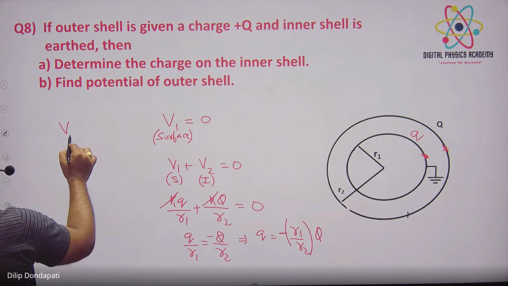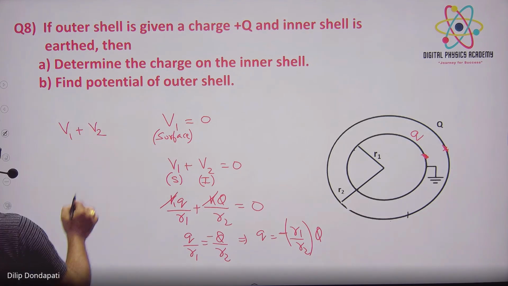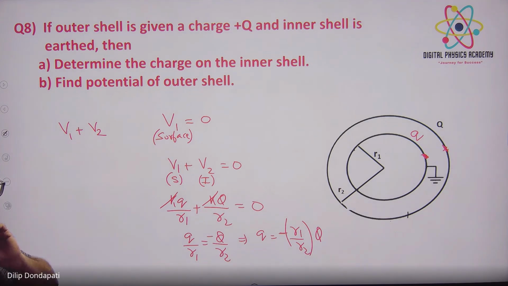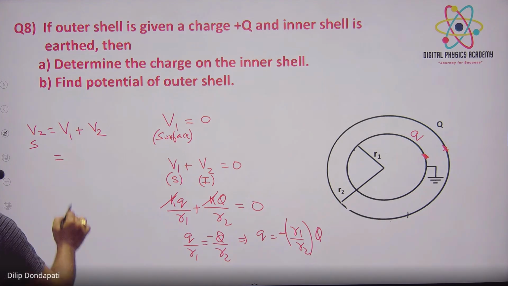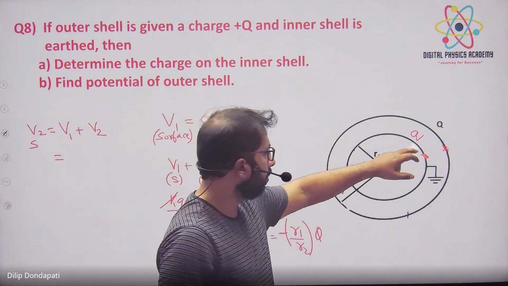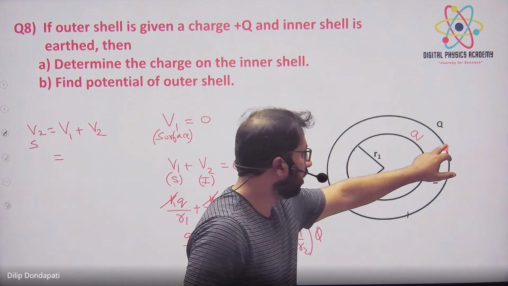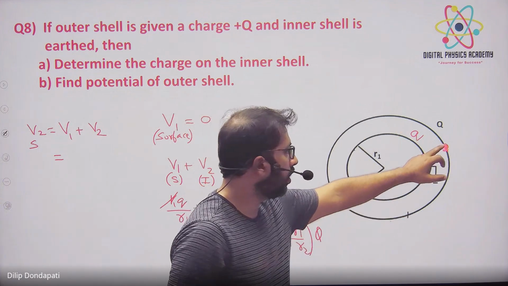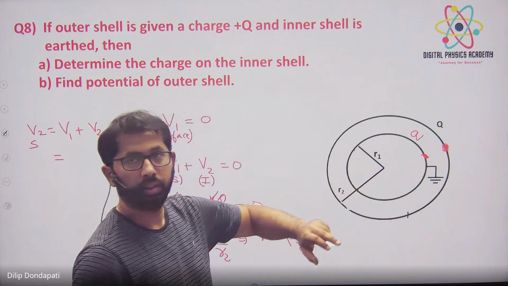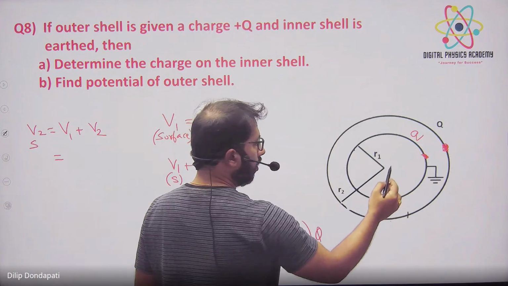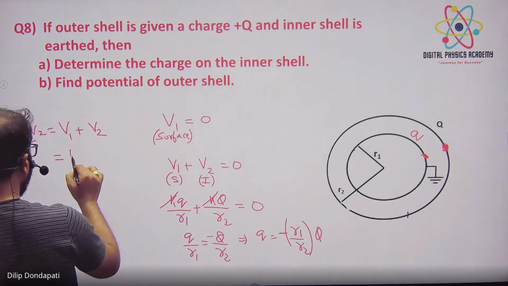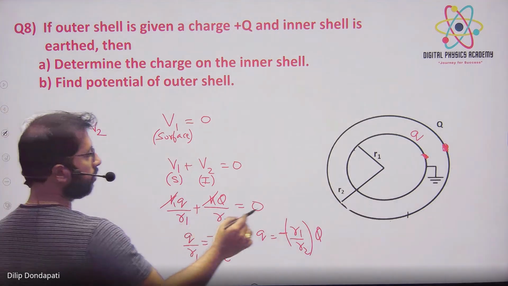So V2 will be दोनों को ऐसे रहेगा ना? V1 plus V2. अब solve करो. Use करो. Outside point और inside point. I want V2 at surface. कितना? Tell me, Ashwin, because इधर चाहिए ना, ये outer चाहिए. Because of this shell, this point is outer point or inside point? First shell. Outer. उसमें कितना होगा? KQ by small r. Small r is nothing but R2 only.